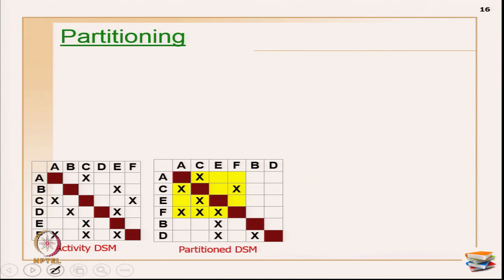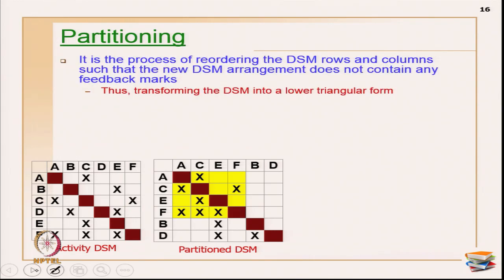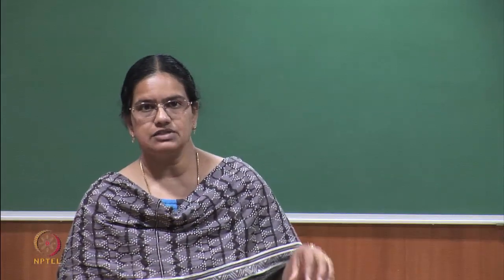Now the next step is partitioning. As I told you, the first operation in your matrix operation is formation of the activity DSM. Once the matrix has been formed, the next step is the partitioning process. What is partitioning? I gave a quick introduction earlier in the lecture.